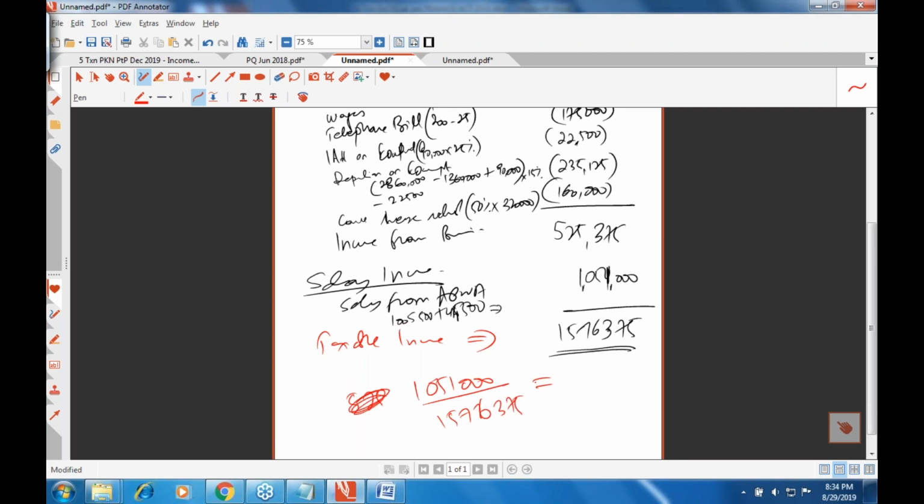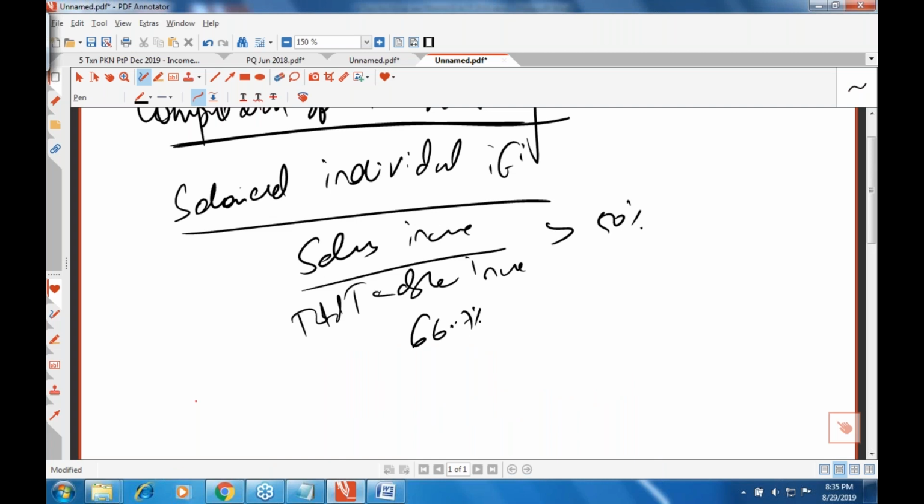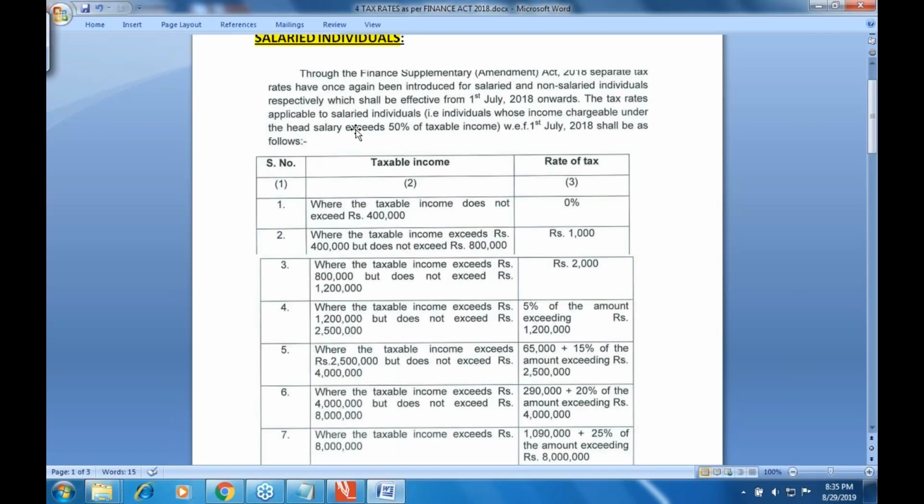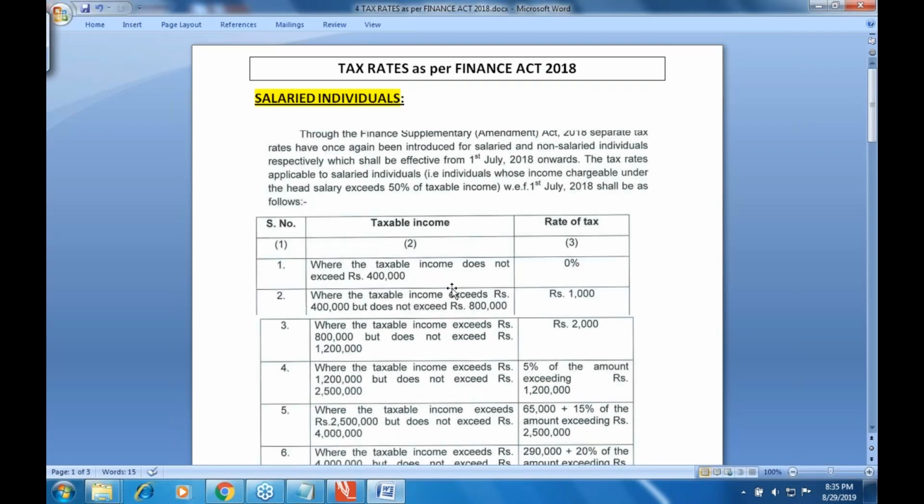This actually turns out to be 66.7%. So if it is 66.7% in this case, then this employee is going to be considered a salaried employee, and the tax rate applicable to her is going to be this specific slab, which is the slab for salaried individuals.